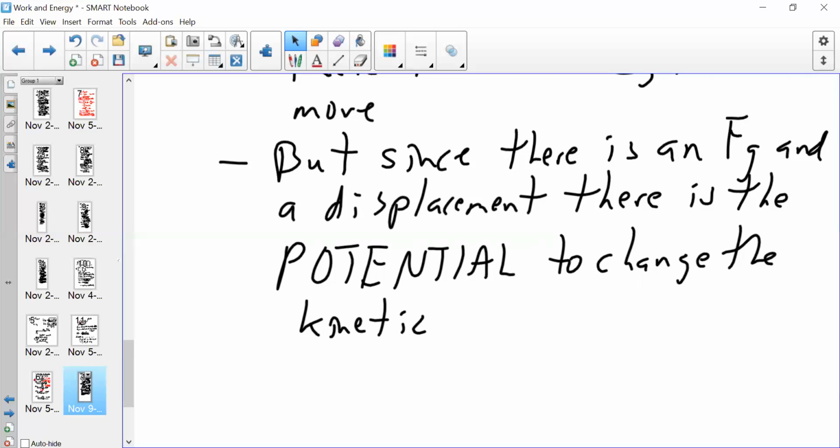It's the ability to make this happen. Does that make sense? You have the potential to go far. You have to activate it. There's the potential to change kinetic energy.